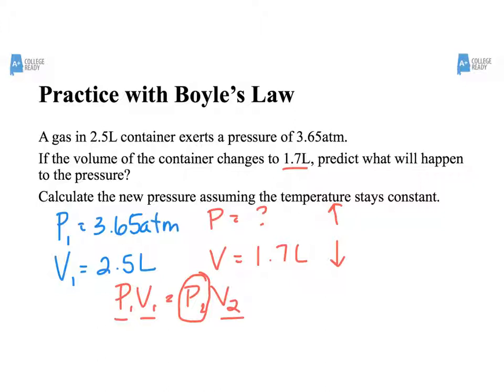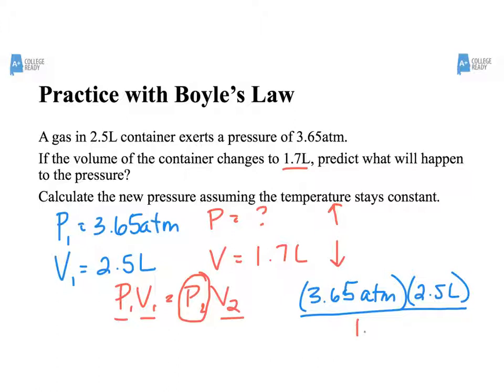So I'm going to say P1 was 3.65 ATM. And V1 is 2.5 liters. And I'm going to go ahead and move my new volume over here.